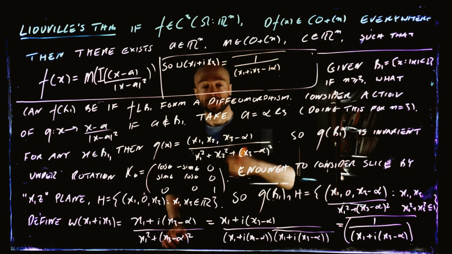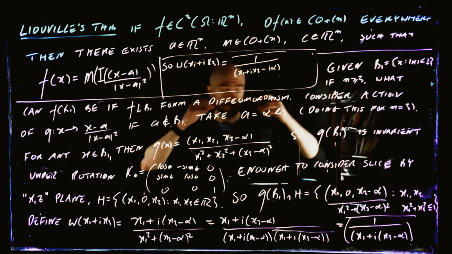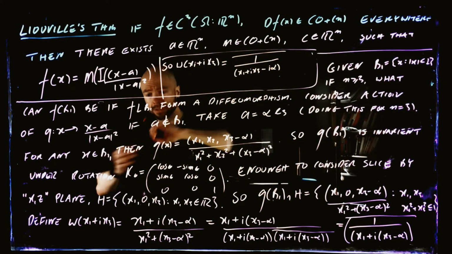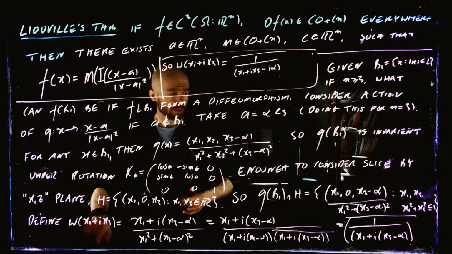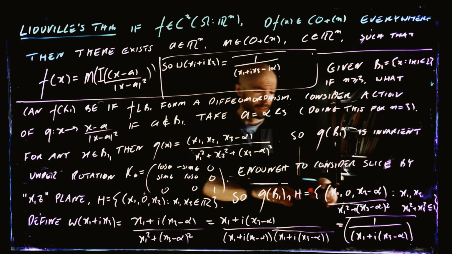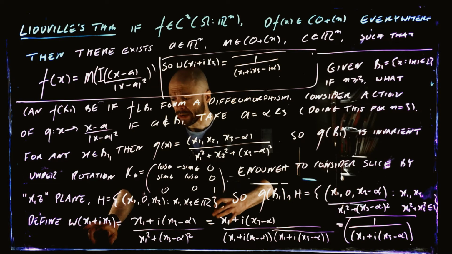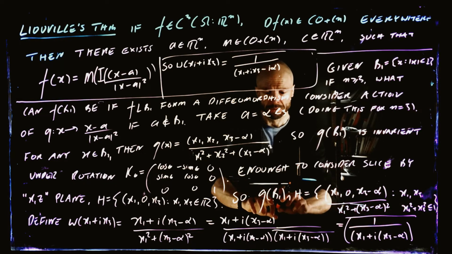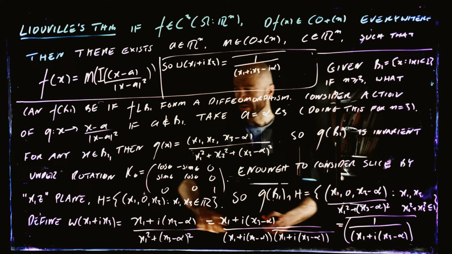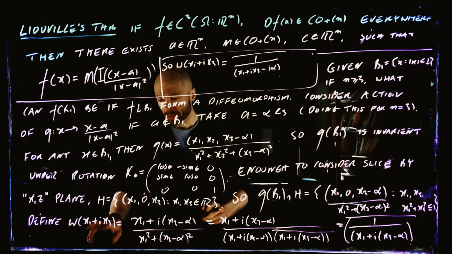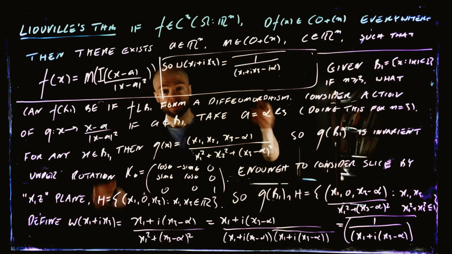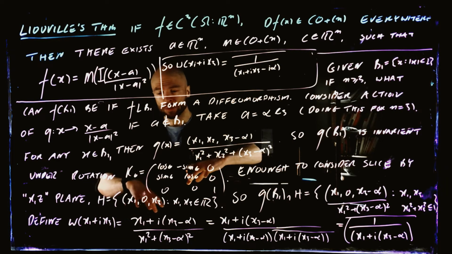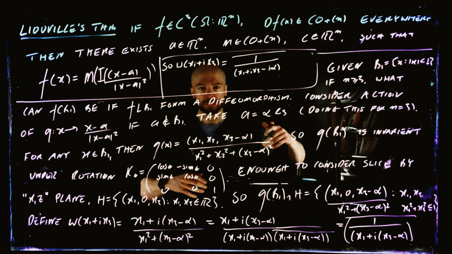And as we know, Mobius mappings send lines and circles to lines and circles, right? So we're considering the image of the unit ball in the complex plane under W, because that will be the image we're studying here. That's the slice through G of B1 with H. So the image of the solid unit ball in the complex plane will have boundary given by the image of the boundary of the unit ball, which will be sent to a circle itself. So the actual image will either be the inside or the outside of the circle.